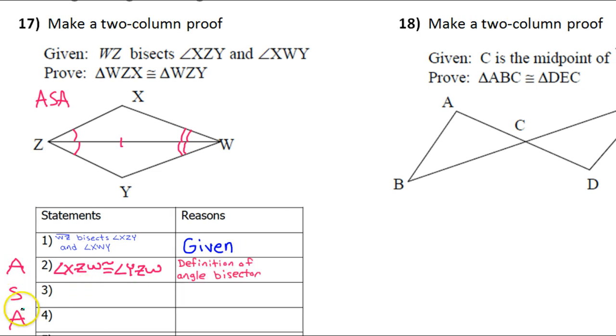So I'm doing angle, side, angle, so next I need a pair of sides. The pair of sides is the shared side. ZW is congruent to ZW, and of course that's going to be because of the reflexive property.